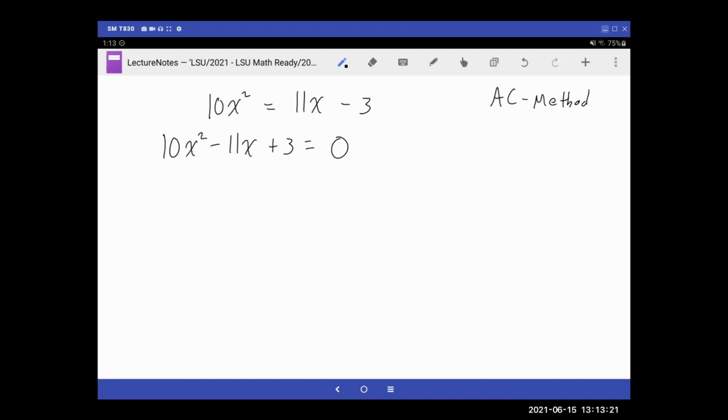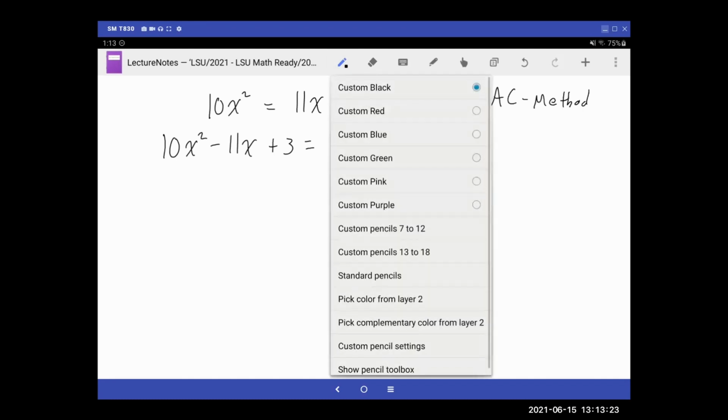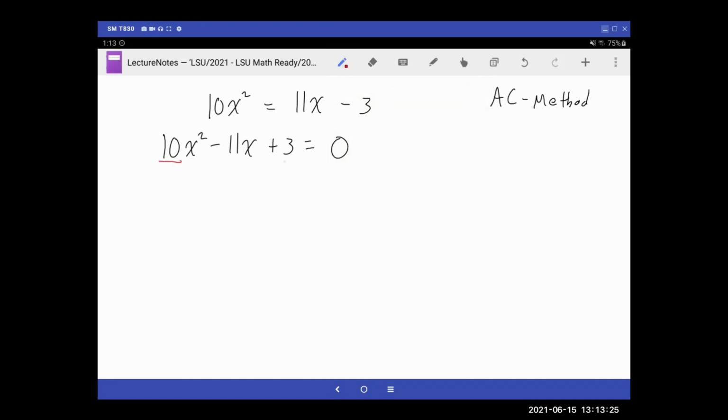Okay, so the AC method says to take the first A, right, first coefficient, and the constant at the end, C, multiply them together, 10 times 3 equals 30. So now, like on that other problem, I want to find 2 numbers that when they multiply together, they equal 30, right? The product of 10 and 3.